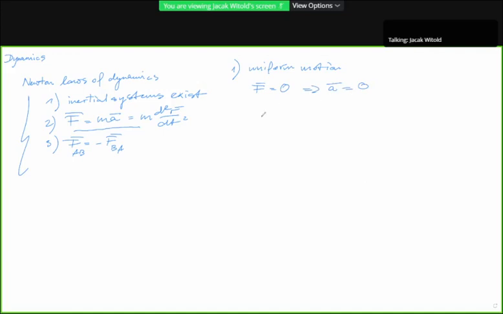From that it follows that since acceleration is the derivative of velocity with respect to time, then the velocity vector is constant, meaning that there is one direction of a vector which doesn't change in time, doesn't change its direction, doesn't change its length. This is constant velocity, so v0, and therefore one can set the axis for the consideration of this motion in one dimension along this vector, right?